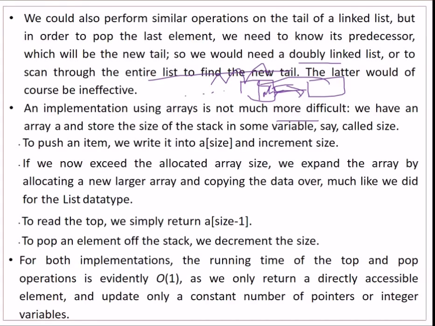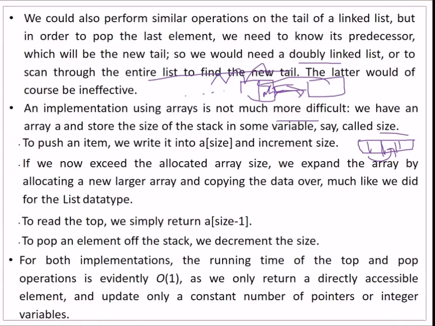We have an array, say the name of this array is A, and we store the size of the stack in some variable, say size. To push an item, we just need to write it into A at position size. Means if this is the position of size, then you just place that particular element at this position.